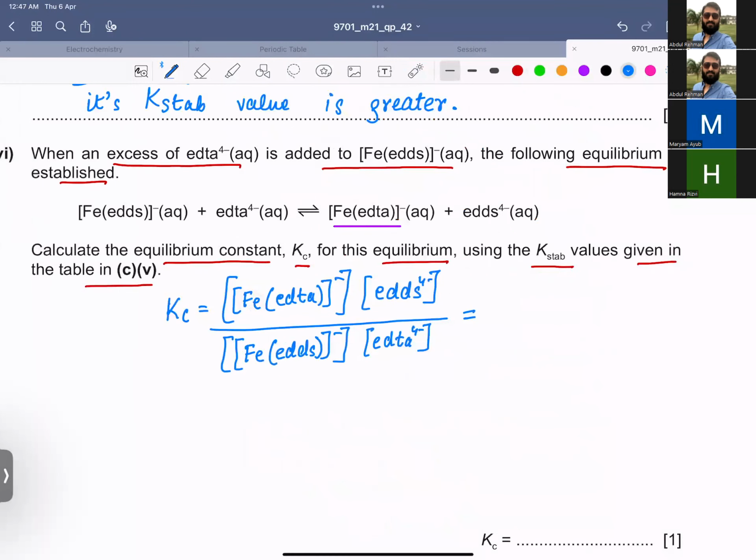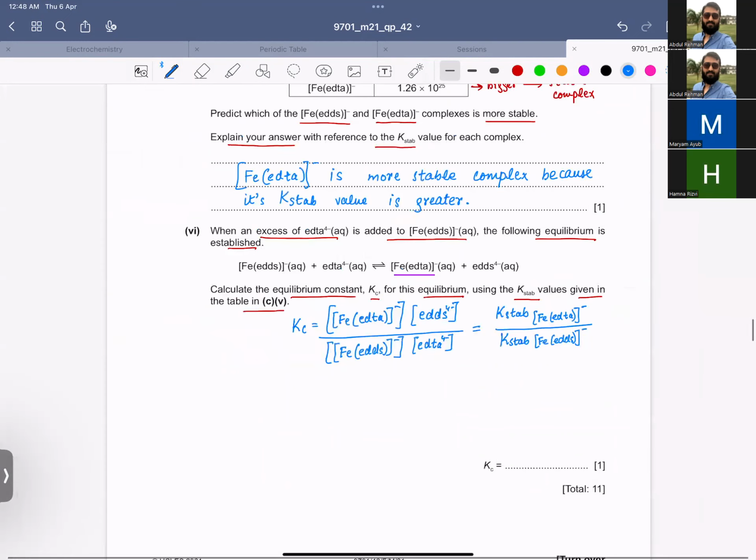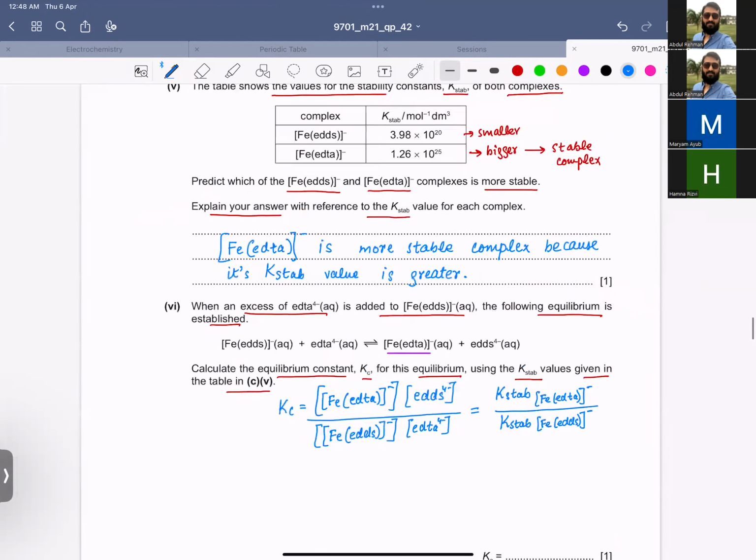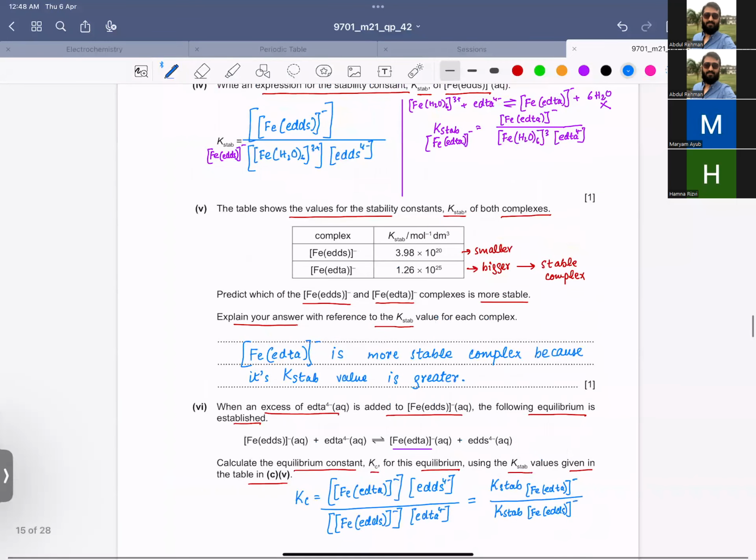So it is basically equal to k-step of FeEDTA negative over k-step of FeEDDS negative. Is this clear? Yes.